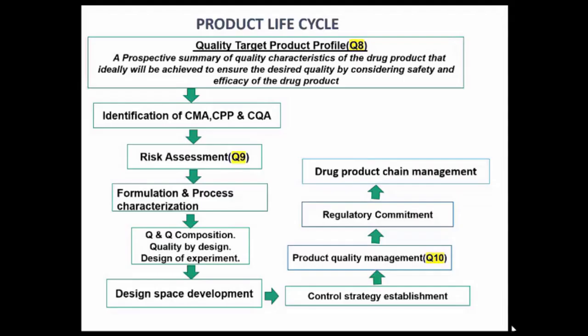Next, regulatory commitment. For example, you are preparing a formulation for USA and Europe. So you have to follow both US FDA regulatory guidelines and European medicine regulatory guidelines. For both these regulatory bodies, you are filing a product at a time. So how will you do?